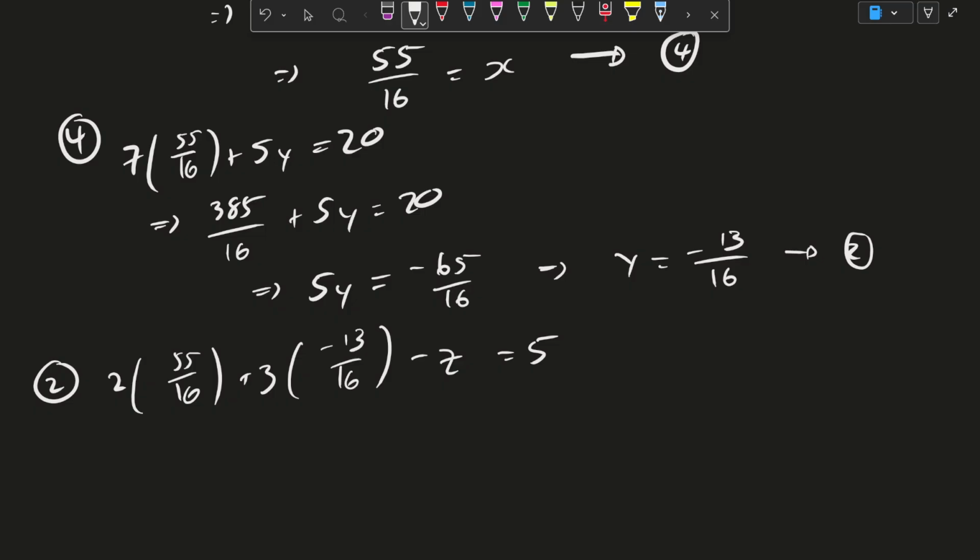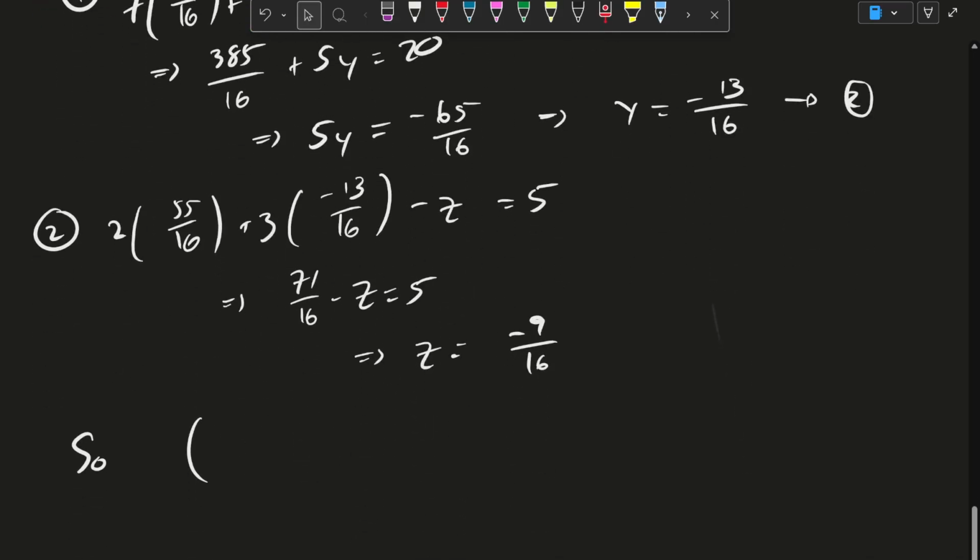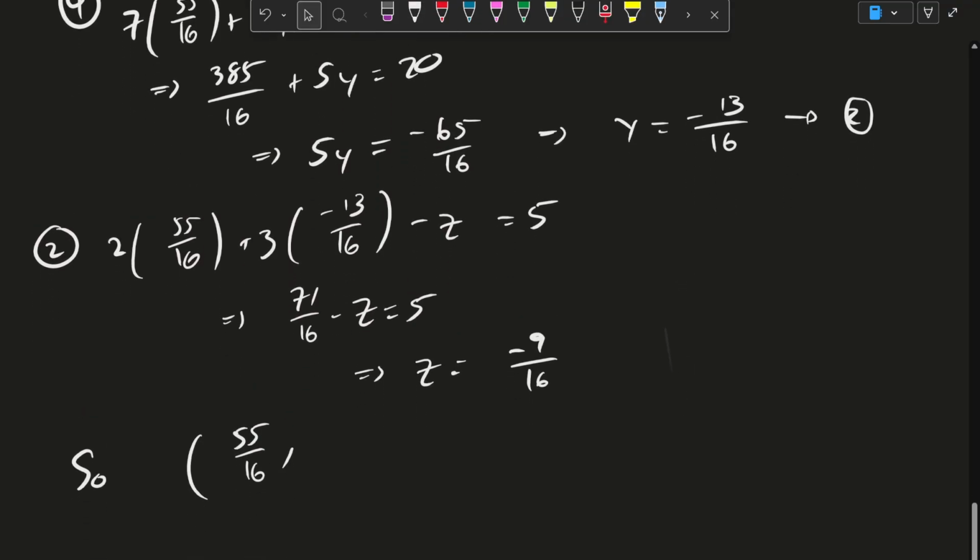So 2 lots of 55 over 16 plus 3 lots of minus 13 over 16 is 71 over 16 minus z is equal to 5. So z is minus 9 over 16. So the solution in xyz form is 55 over 16, minus 13 over 16, and minus 9 over 16.